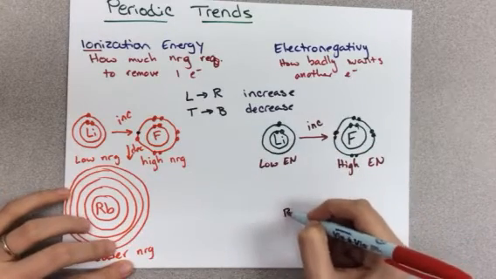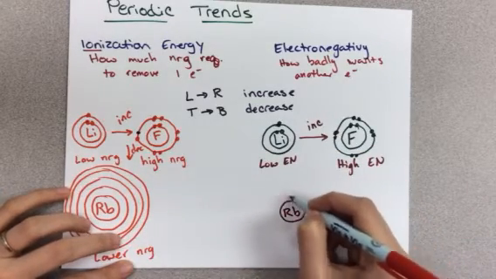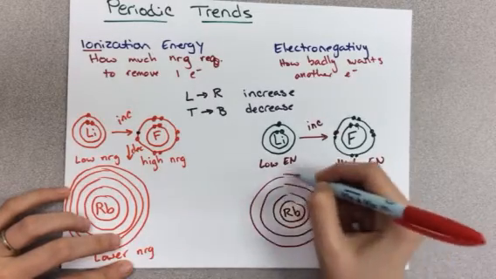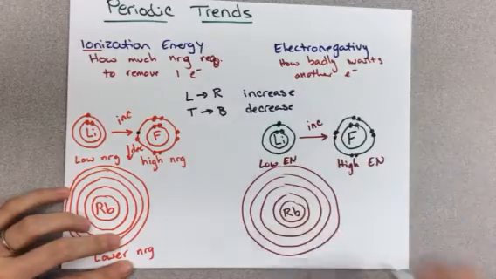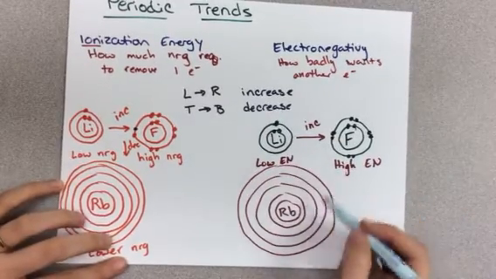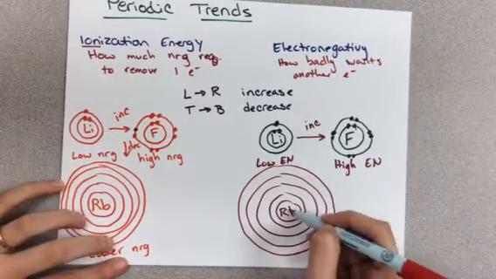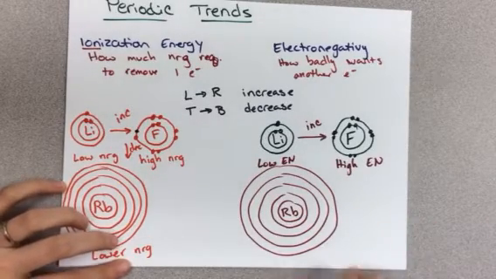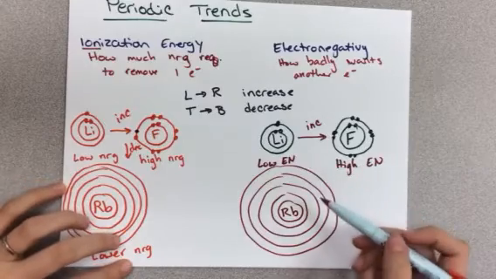So let's look at rubidium again. 5 energy levels, 5 shells. Gets worse and worse every time I draw it. Now, remember that the protons inside the nucleus have a pull. They are trying to attract more electrons.